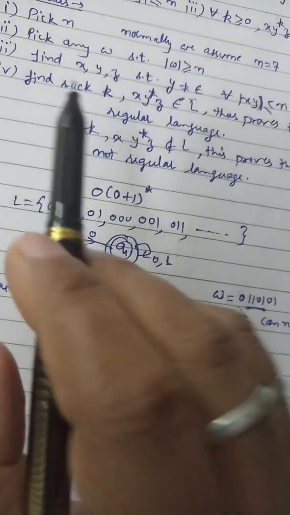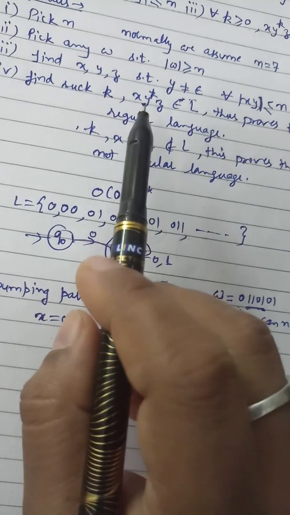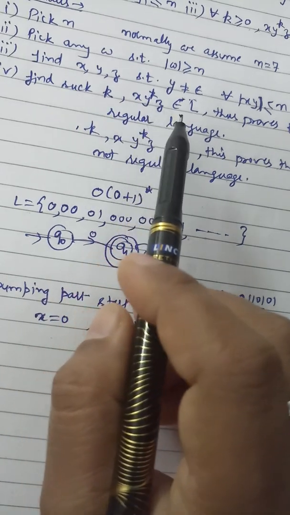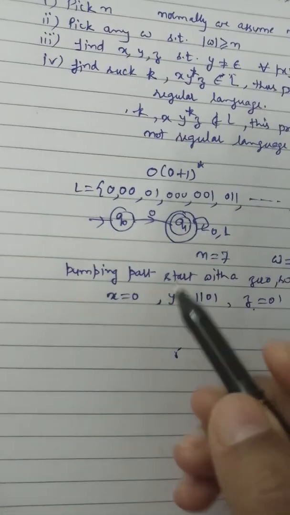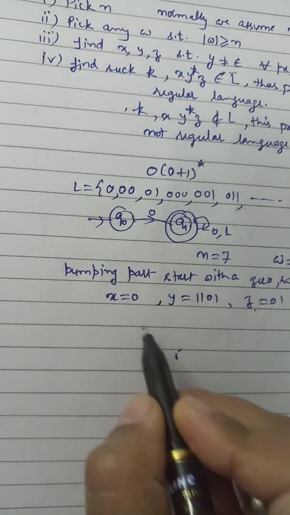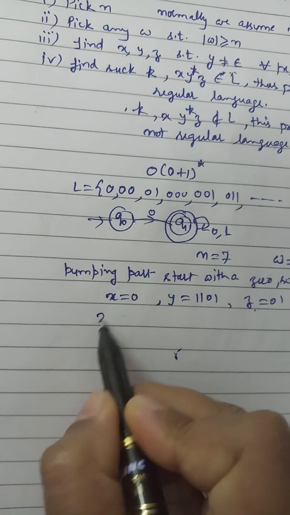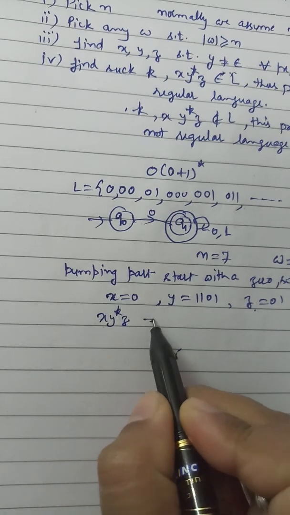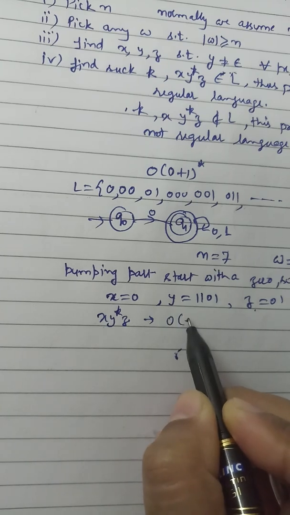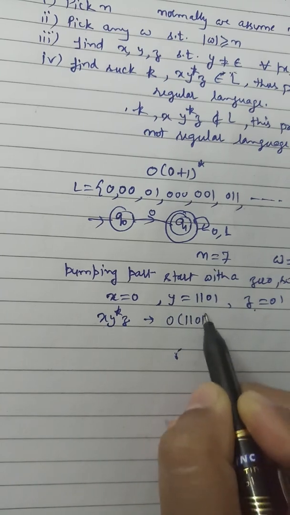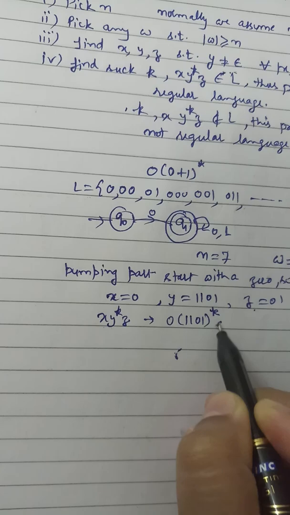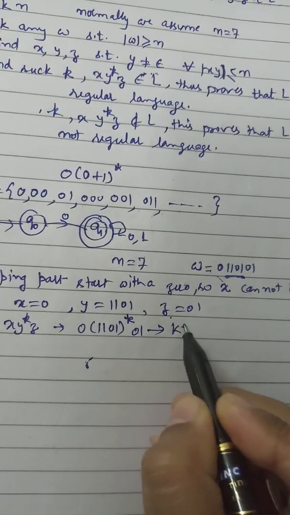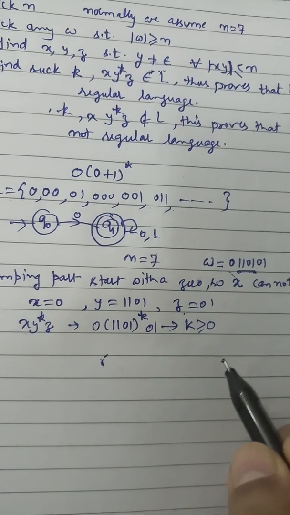And what is next? Find such k that x y to the power k z belongs to L. So we cross-check with this x y to the power k z. So what is this? 0 1101 to the power k 01, where k is always greater than or equal to 0.